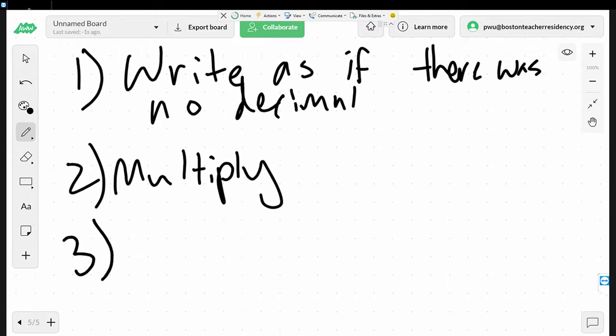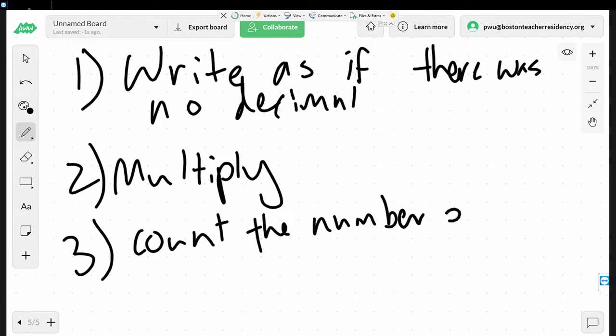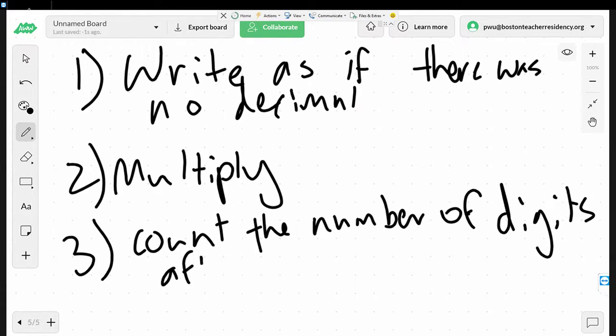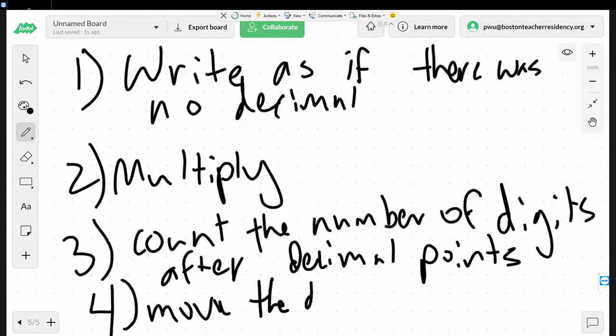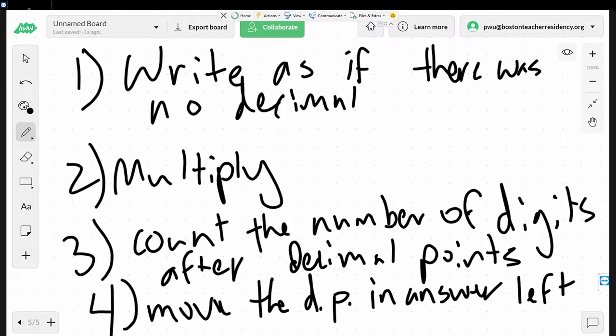And step 3, count the number of digits after decimal points. And finally, move the decimal point in your answer left that many places.